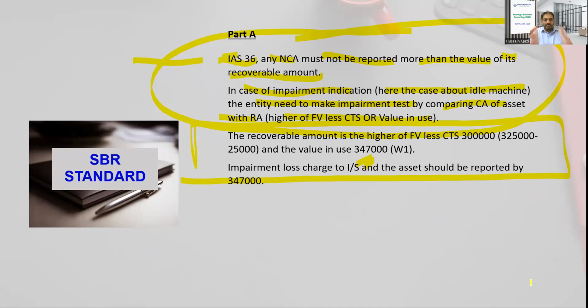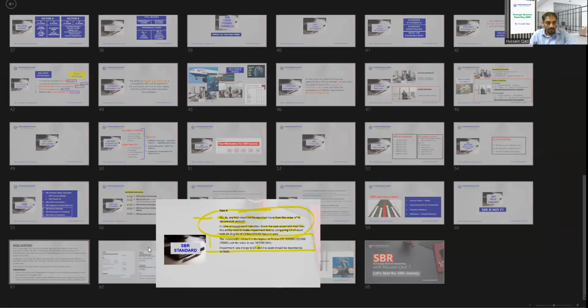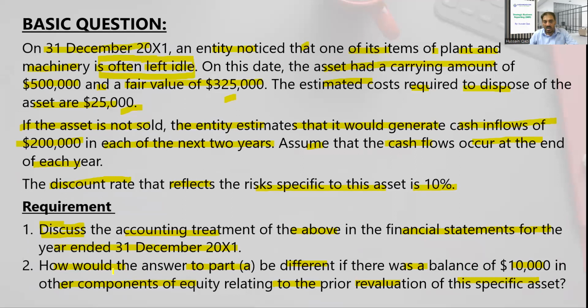Number two, you have attempted part B as well. I'm not discussing part B in detail, but part B is about this: how would the answer to part A differ if there was a balance of 10,000 in the revaluation reserve? What if a revalued asset becomes impaired?